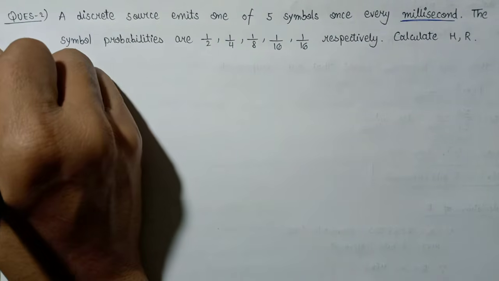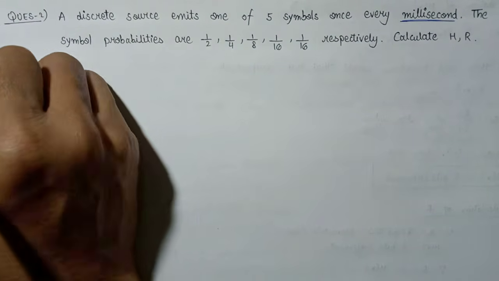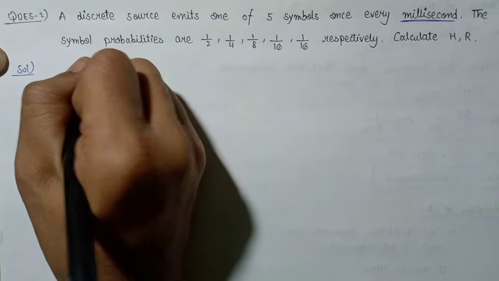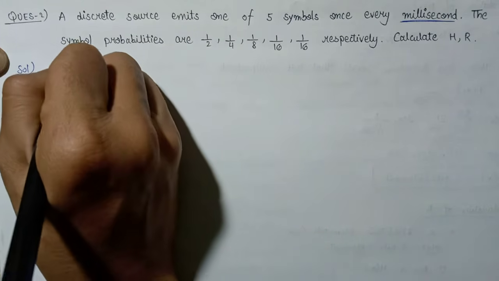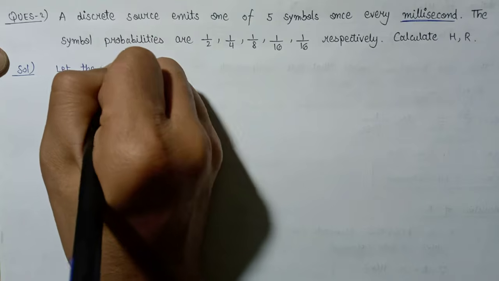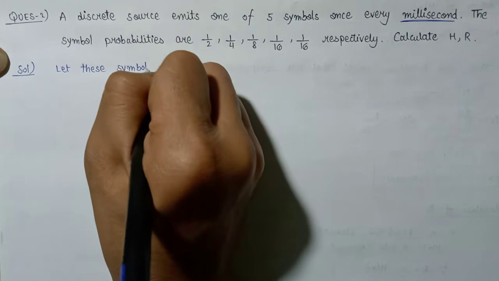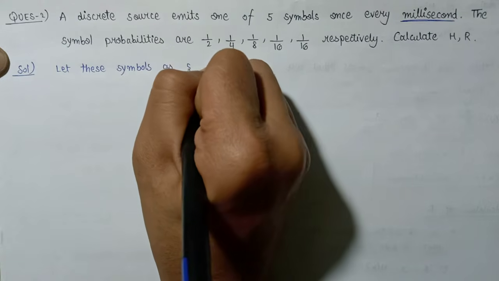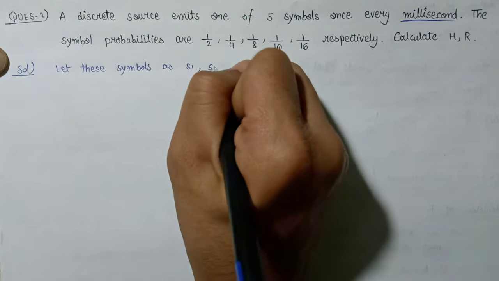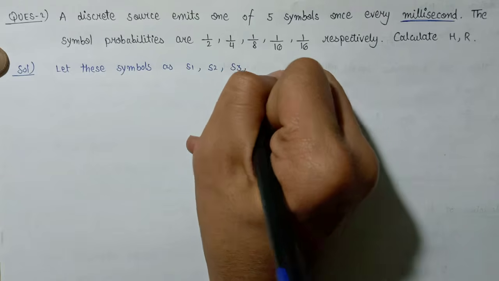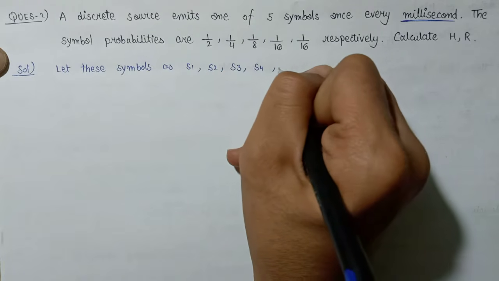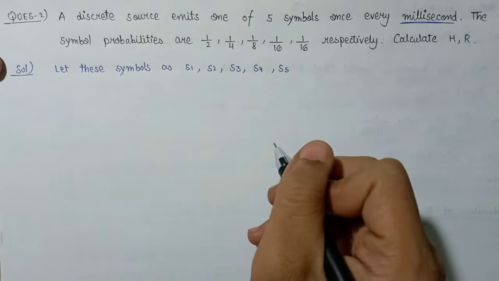Firstly we will write the data that is given to us. Here are the 5 symbols; let these 5 symbols be S1, S2, S3, S4 and S5.